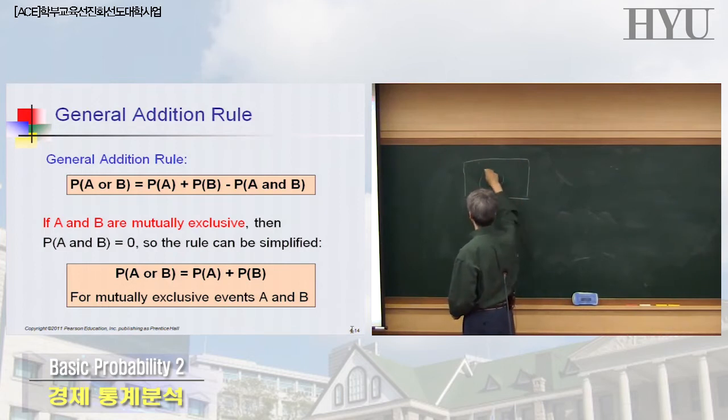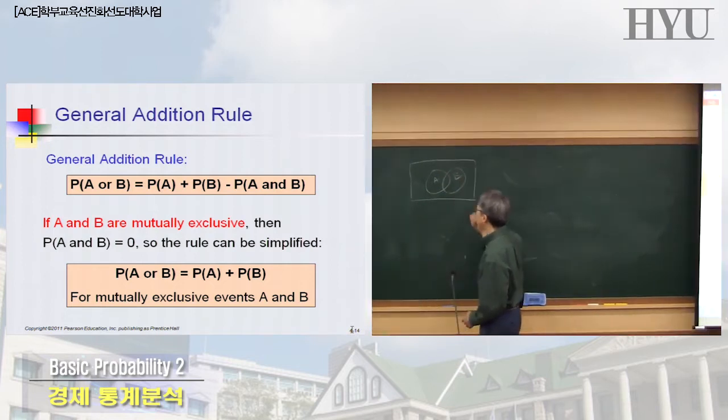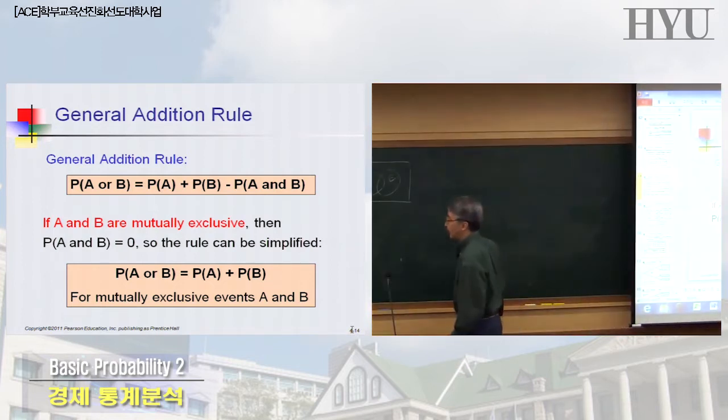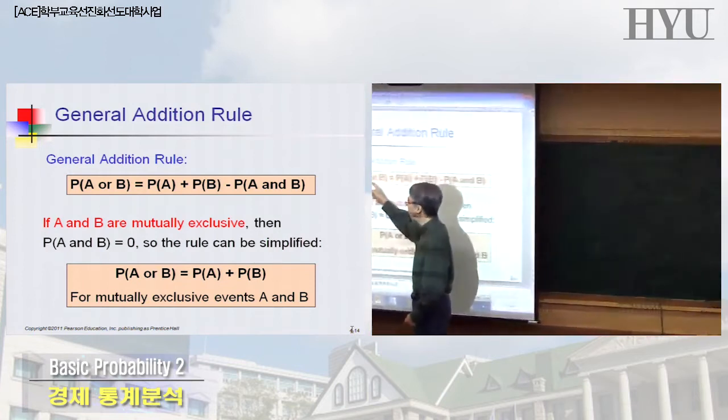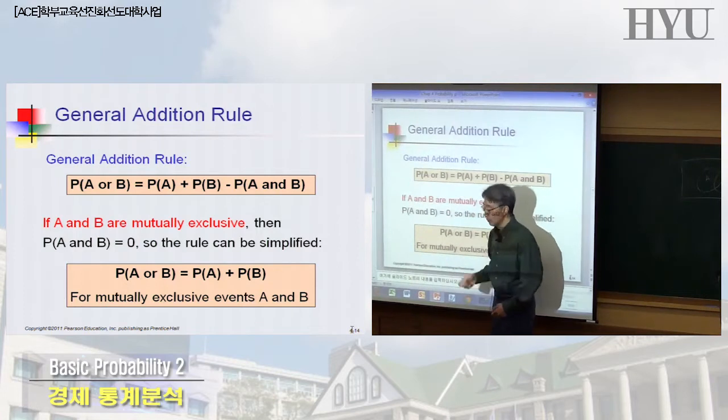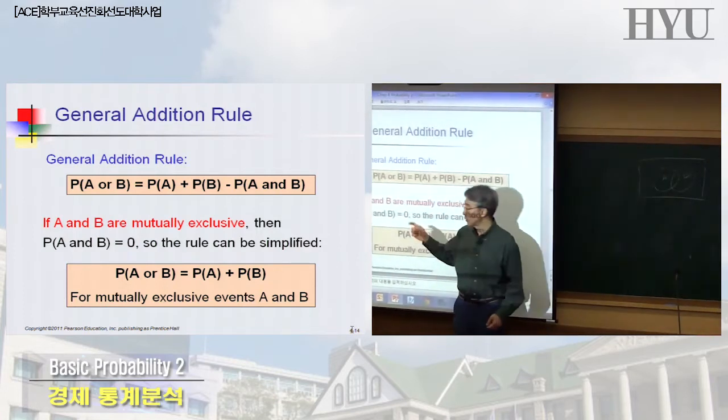Suppose we have 2 events, A and B. And the probability that we will have A or B, notice that it is or.